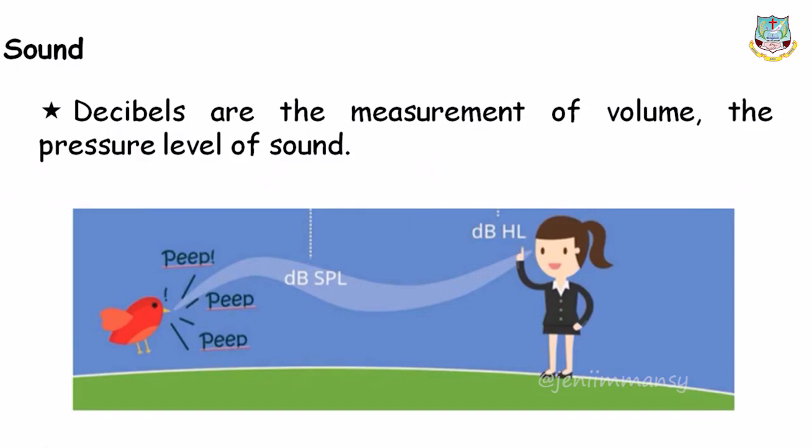A normal human can hear from 60 to 120 decibels. Okay, a normal human hears 60 to 120 decibels. If the volume is less than 60 decibels, like when you are in class, sometimes you used to talk, right, like this.